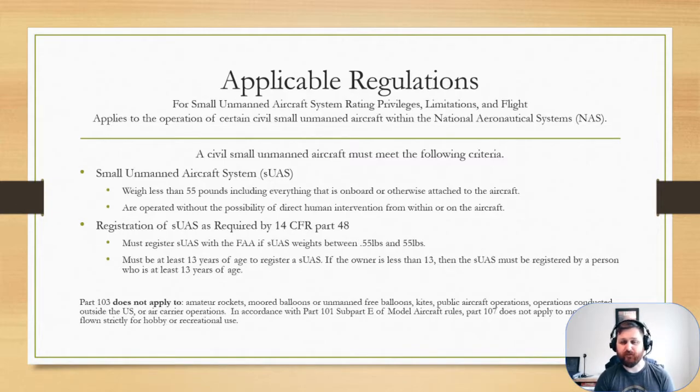So that pretty much means almost any device that you use has to be weighed or registered. You must also be at least 13 years of age in order to register an sUAS. And if the owner is less than 13, then the sUAS must be registered by a person who is at least 13 years of age or older.